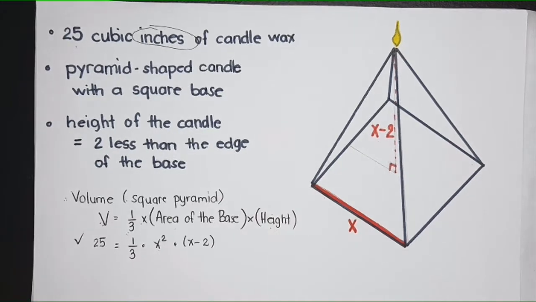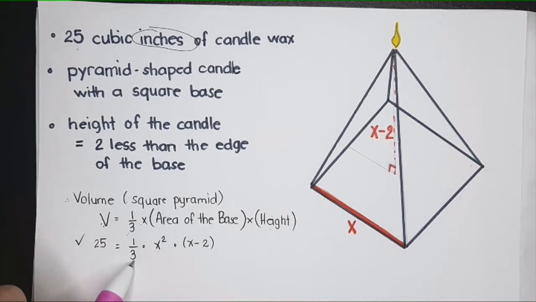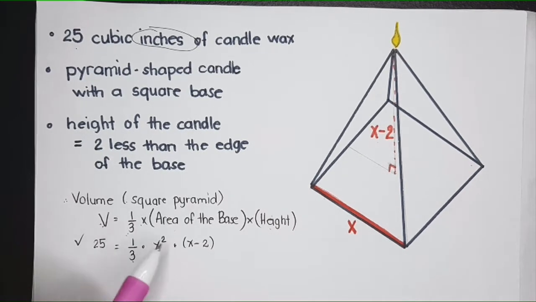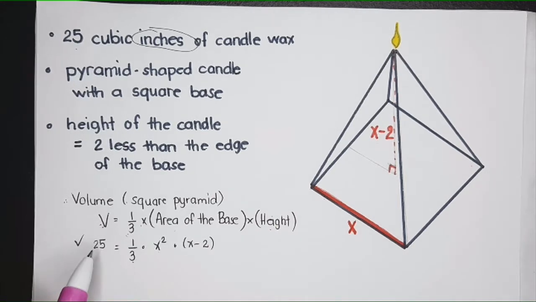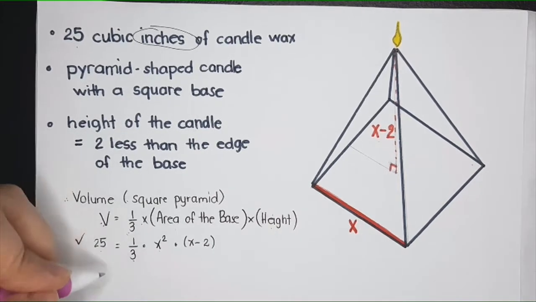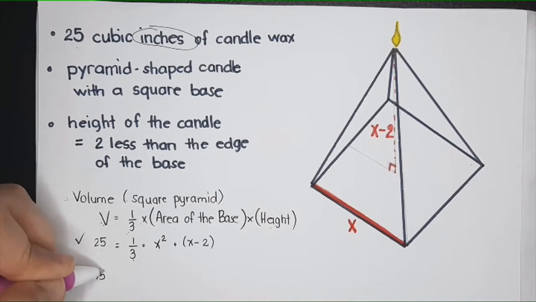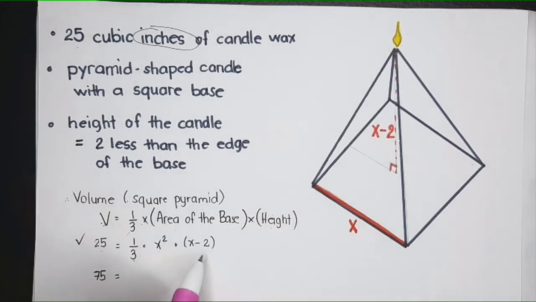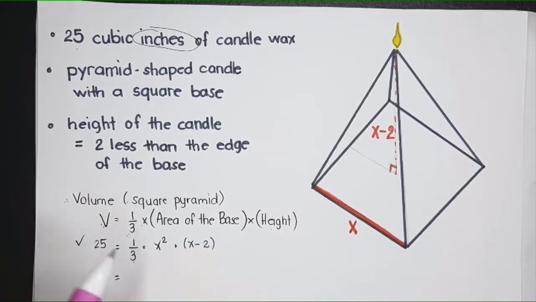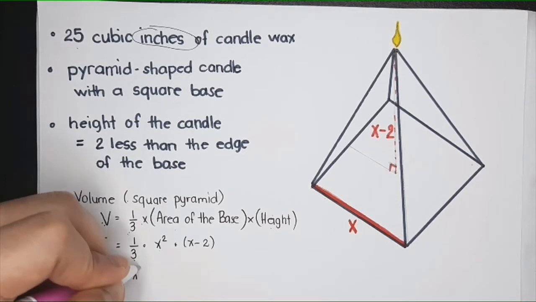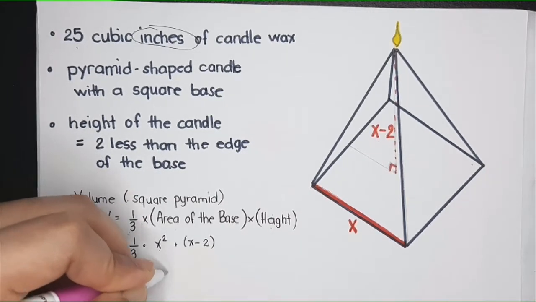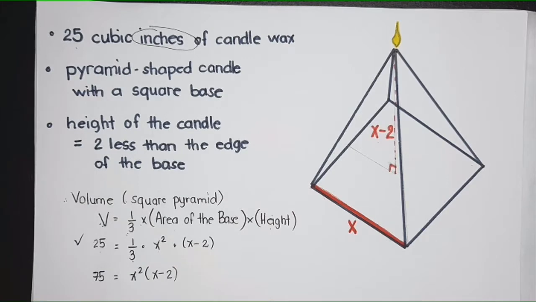Okay, let's solve. To eliminate this fraction, I multiply both sides by 3. Multiplying this by 3, I will get 75. Multiplying this by 3, magka-cancel na yung 3. You only have x squared times x minus 2 on this side.